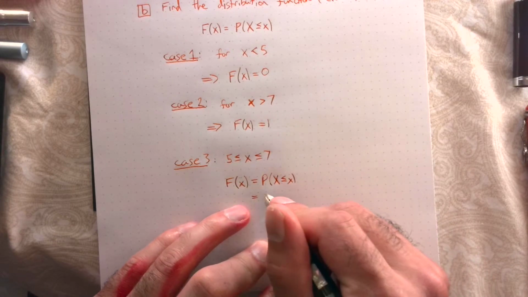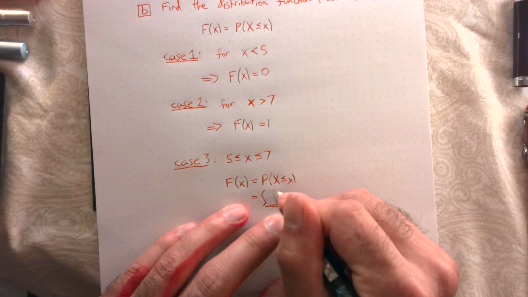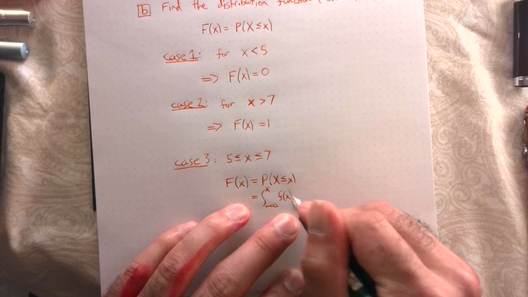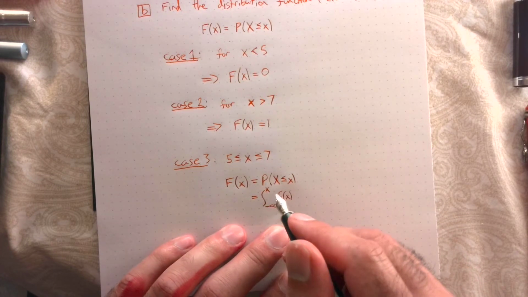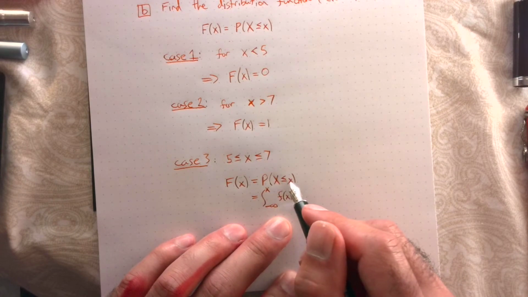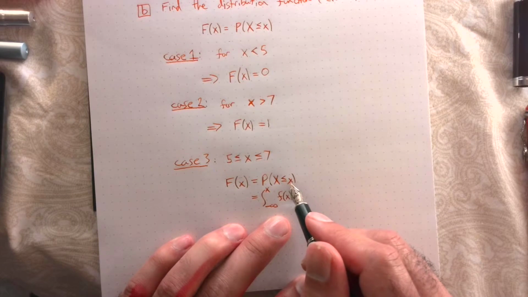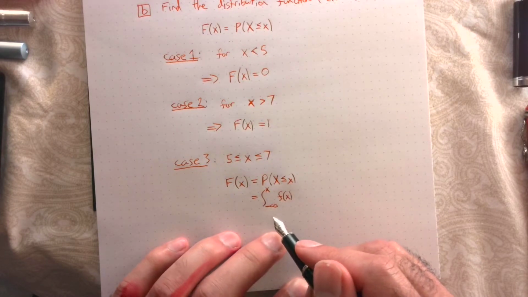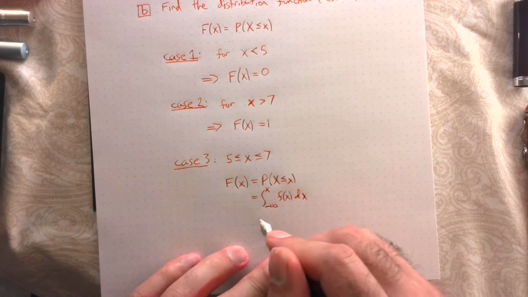So this is equal to integrating from negative infinity to x my density function. If I'm calculating a probability, I integrate the density function over whatever range that is. This range is all the x values that are less than or equal to little x, so all the way from negative infinity to x, and then dx.